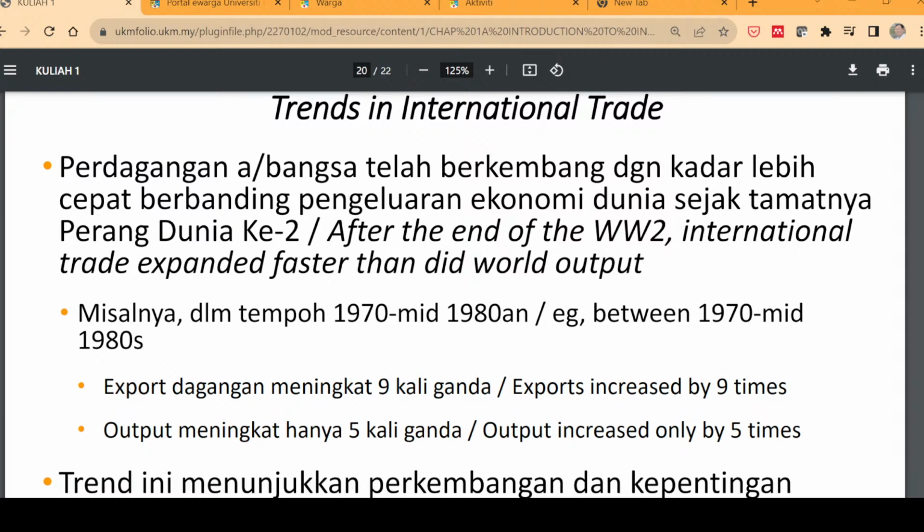If I can go quickly, I have a picture, but I can go back to the World Economic Outlook, IMF.